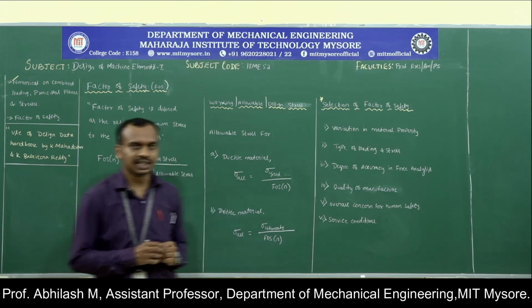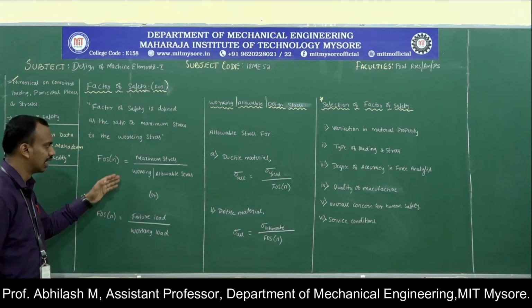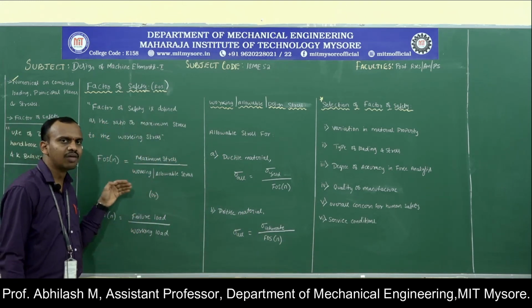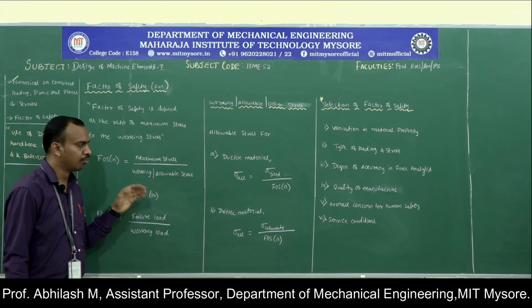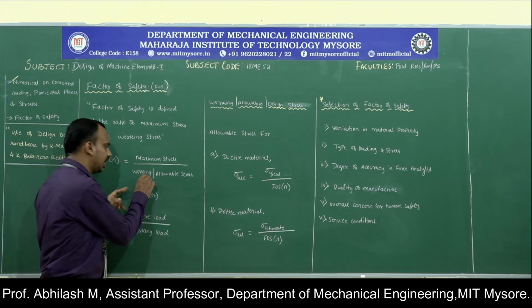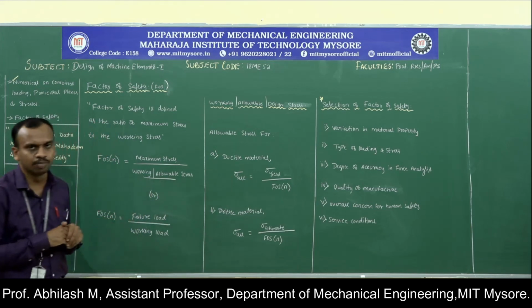Now, in the beginning itself I told why it should not be less than 1. It should always be greater than 1, because we are designing any component based on the allowable stress.